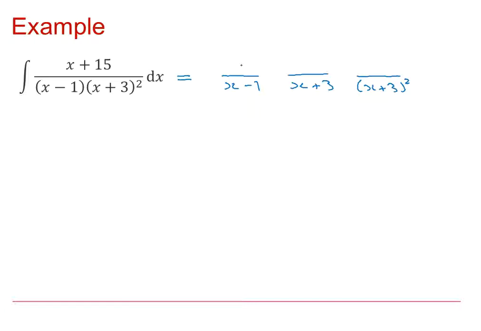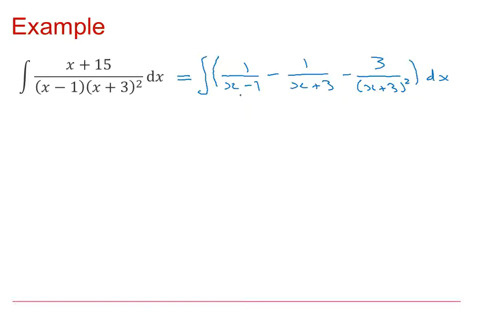And we found out that the numerators were 1, minus 1, and minus 3. So instead of integrating the original algebraic fraction, we can now integrate these three partial fractions with respect to x.